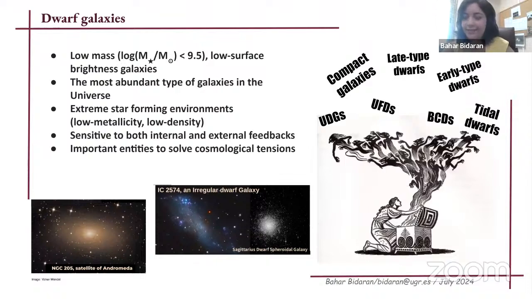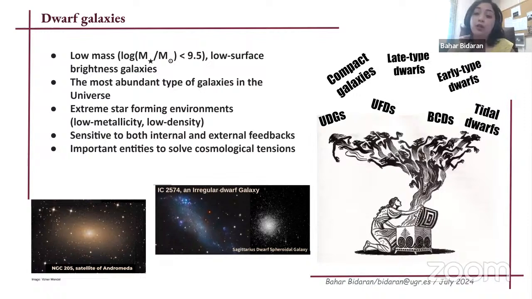Okay, dwarf galaxies. Low mass galaxies, less than 10 to the 9, 10 to the 9.5 solar masses, one of the most abundant types of galaxies in the universe. And these are important galaxies, because I believe they hold keys to the answer of many questions we have about formation and evolution of galaxies. For instance, they provide extreme star forming environments, low metallicity, low density, so they could shed light on the details of star formation processes in galaxies.